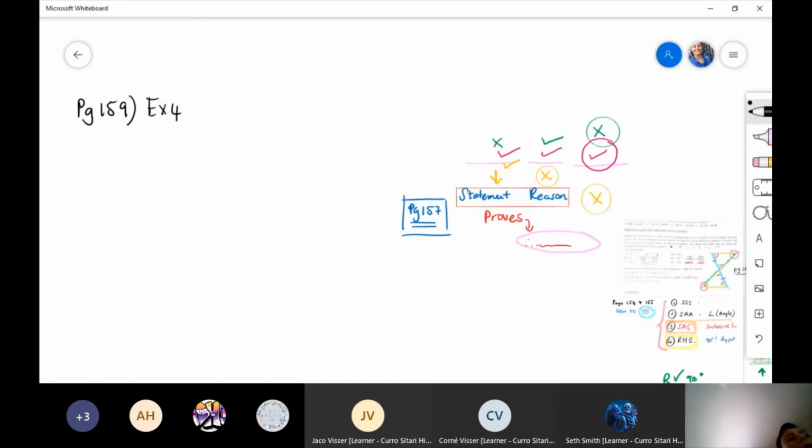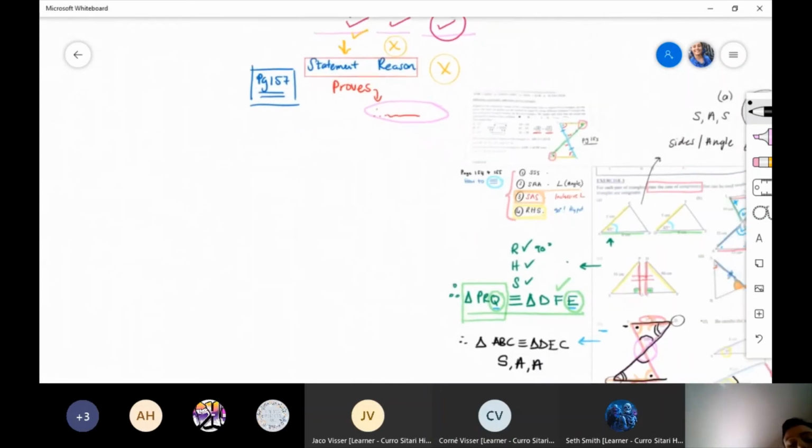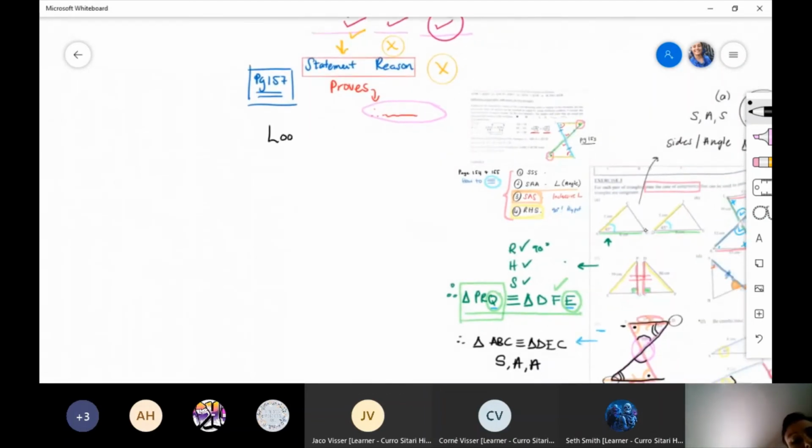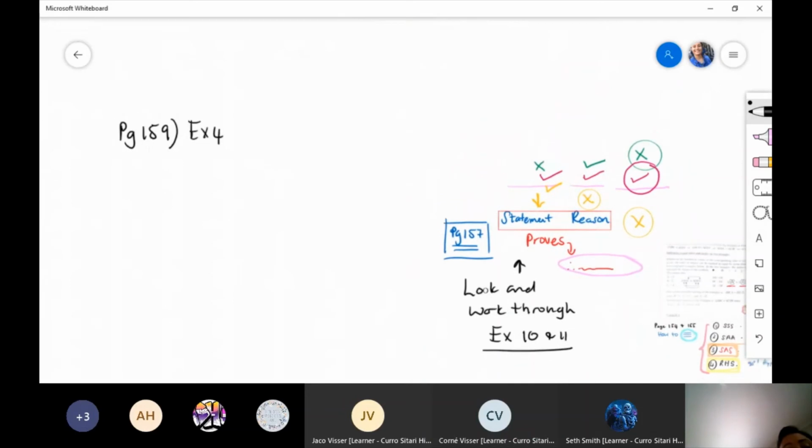Example number 10, example number 11. You need to look through them. Look and work through these examples, number 10 and number 11. Very nice way of showing you how to use your statement and reason and what to look for in congruency.